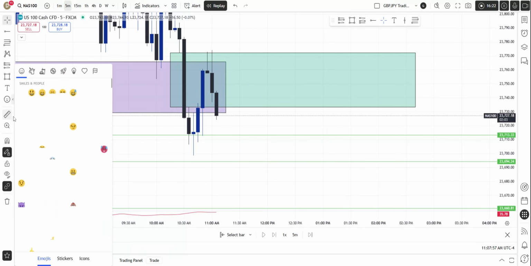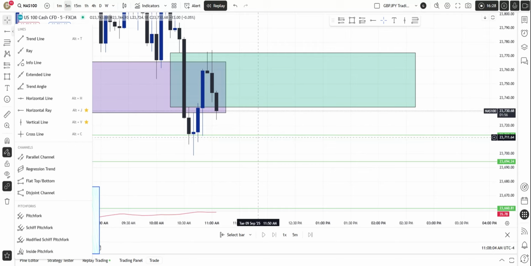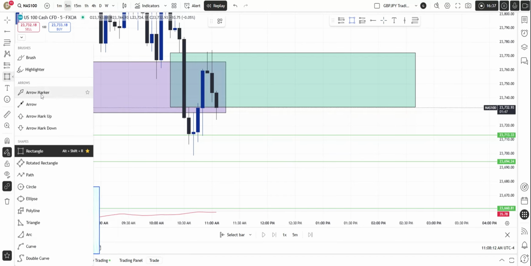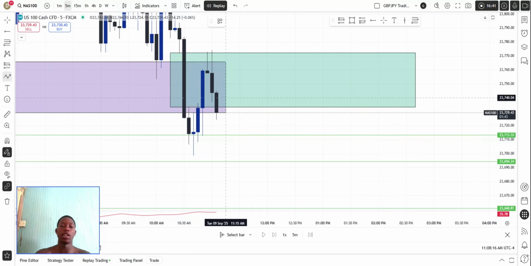Okay, wow. So apparently they have no pointer arrows. There's supposed to be an arrow thingy right there. Yes. That's it right there. Ah, that's exactly what I was looking for.